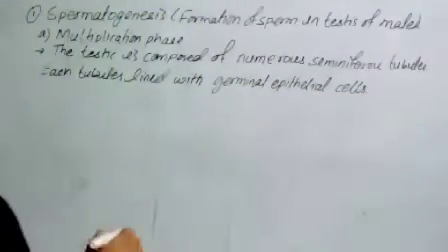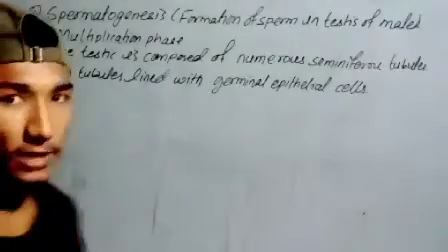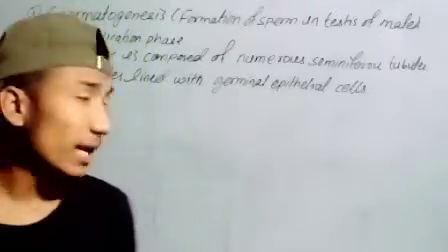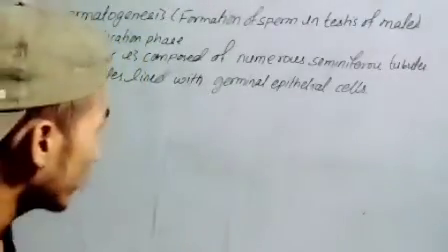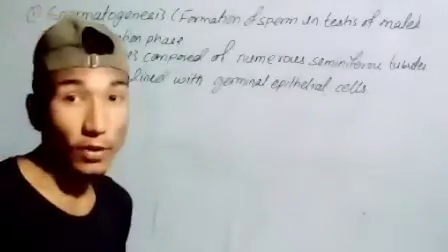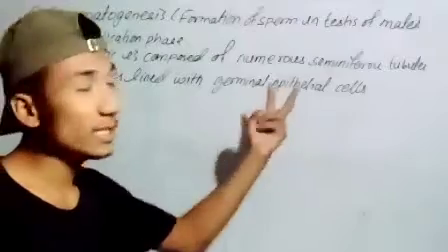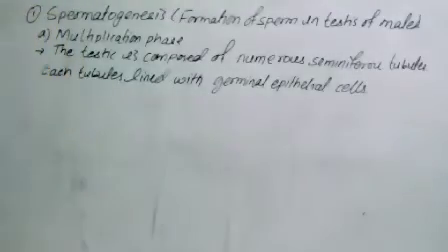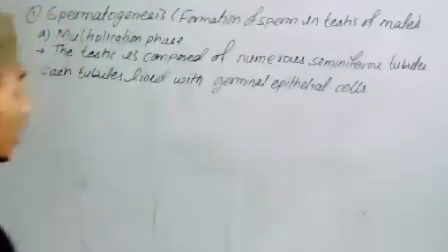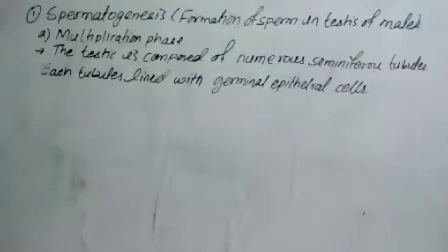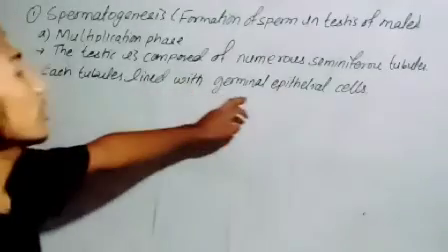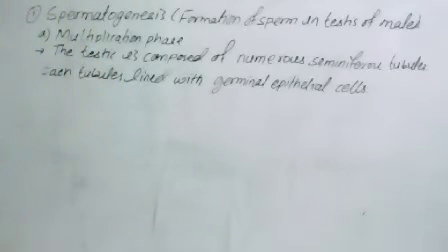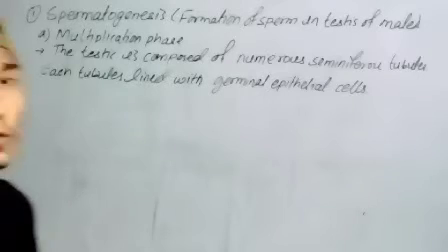You know epithelial tissue, we already discussed it in animal tissue. Epithelial tissue is found in the reproductive organs of animals and human beings, in the testis and also in the vagina. Each tubule is lined with germinal epithelial cells, and these give rise to the primary germ cells.